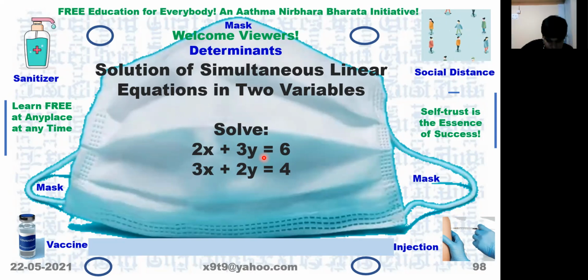Delta y is equal to 2 into 4 minus 3 into 6. So delta y is equal to 8 minus 18. Delta y is equal to minus 10. Correct.